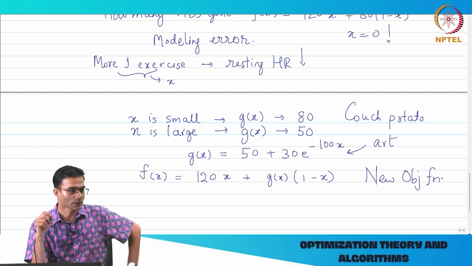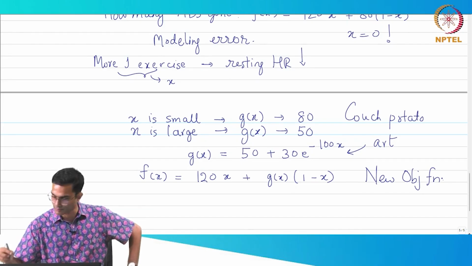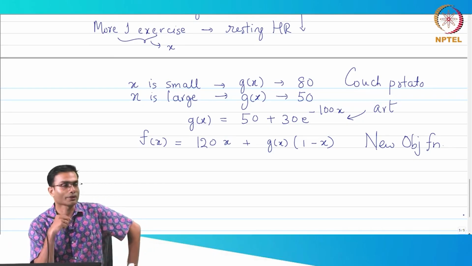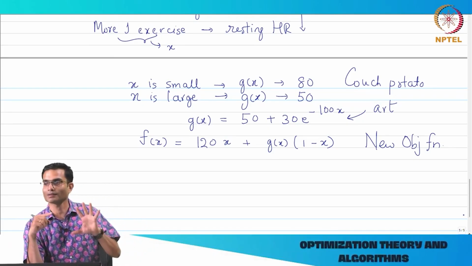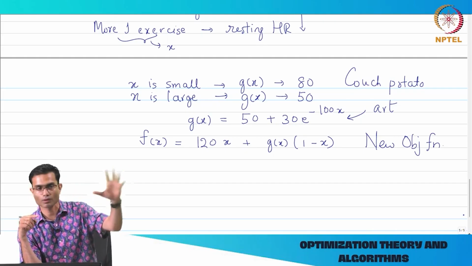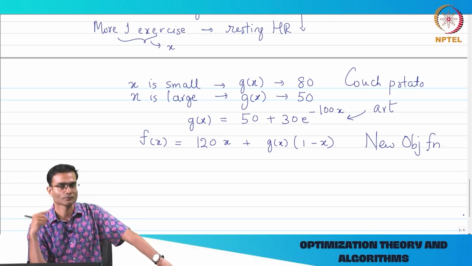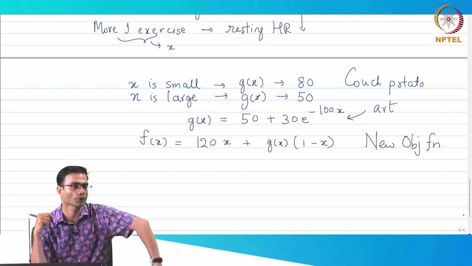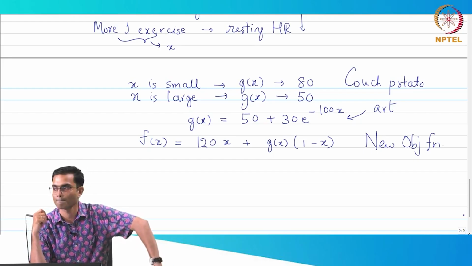When I am exercising, it's 120. When I am not exercising, I have my heart rate, and my heart rate is given by this function g of x. Okay, so now what? What have I done? I've done my problem model. What is the next thing I do? Solve it. In this simple case, solving means what? I want to minimize or maximize f?